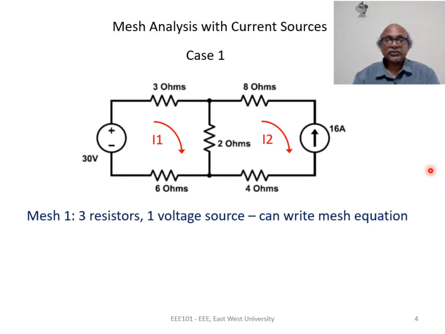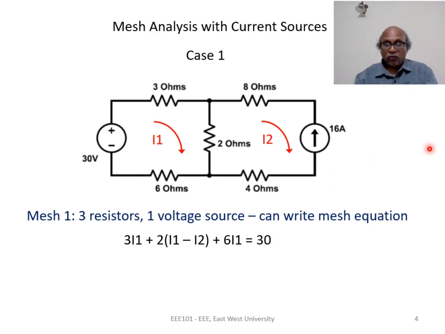We have 3 resistors and 1 voltage source, so we can write the mesh equation in a straightforward manner. For 3 ohms, the voltage is 3I1. For 6 ohms, the voltage is 6I1. For 2 ohms, going downward, the voltage is 2(I1 minus I2). The 30 volt source is a voltage rise, so this is positive on the right hand side.